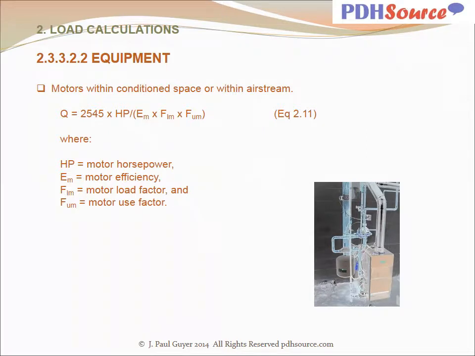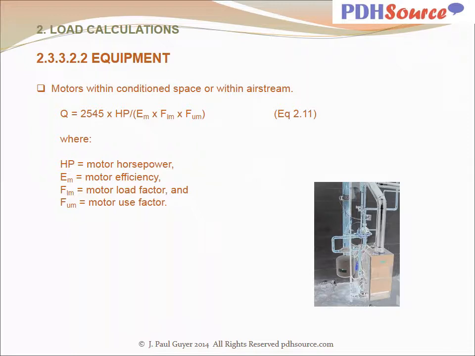Equipment, if there's significant equipment and office appliances and things like that in a space, they also are a source of heat, which is a load on the cooling system for your building in the summer. And the calculations for that cooling load as a result of motors in the conditioned space is equation 211.